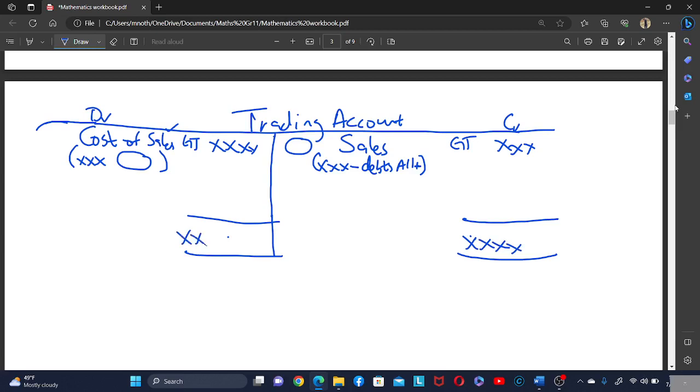Then you get the difference between the credit side and the debit side, and that difference must be transferred to the profit and loss account.